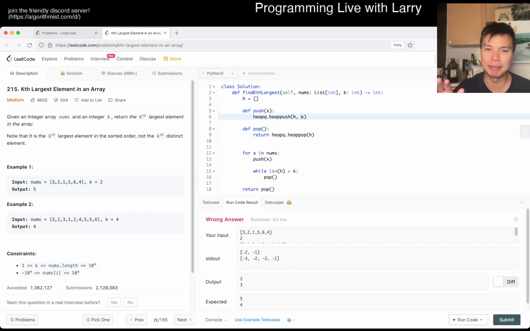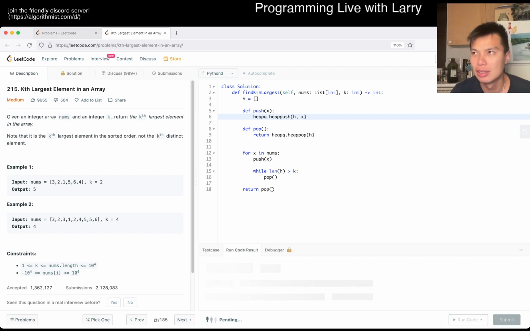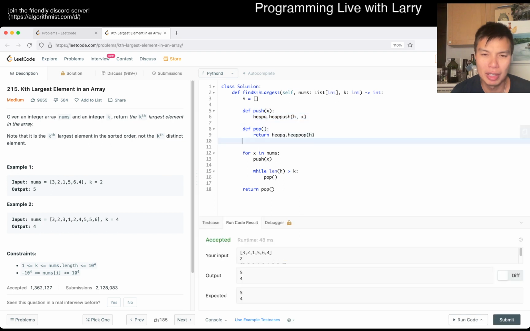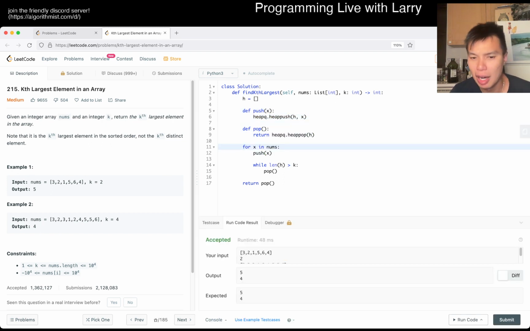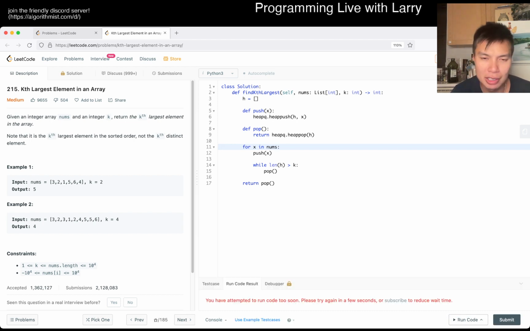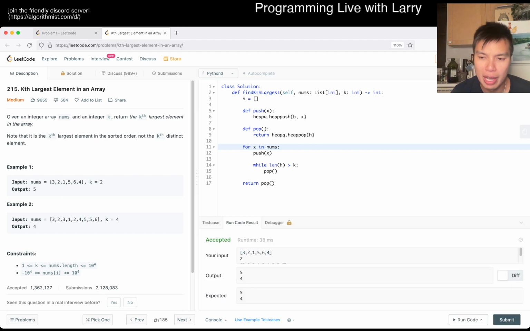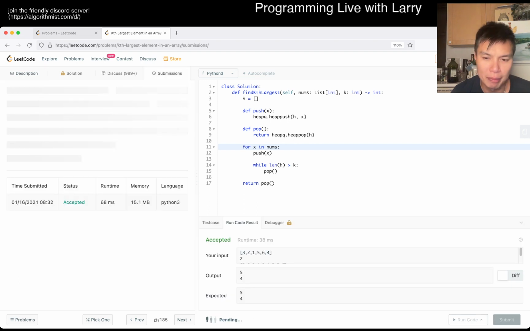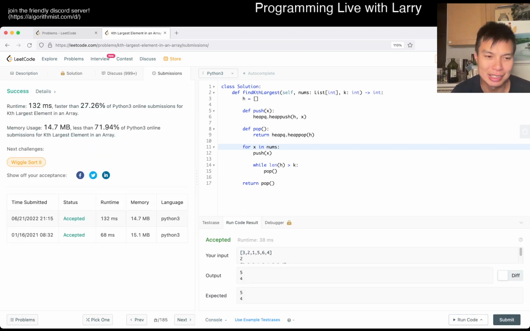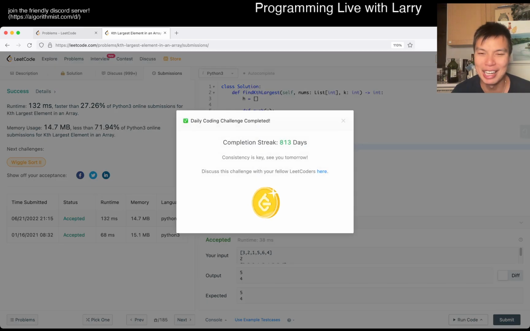We want a min heap, but then I think as a result of talking about push and pop, I confused myself with getting the max and the min. It's very easy to mess up, but this is why you have good debugging tools, and as you debug, then you can find it. Wow, this is kind of embarrassing because this is literally what I would try to put emphasis on, and I got the wrong one.